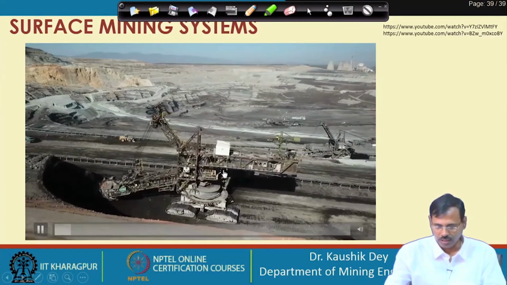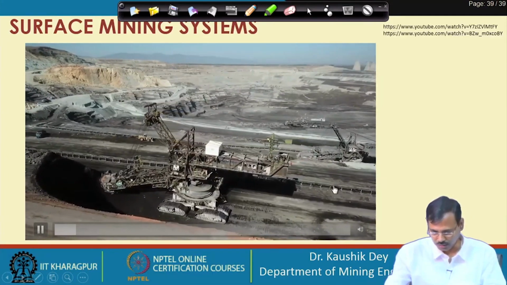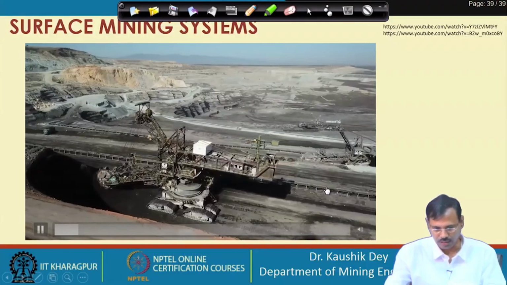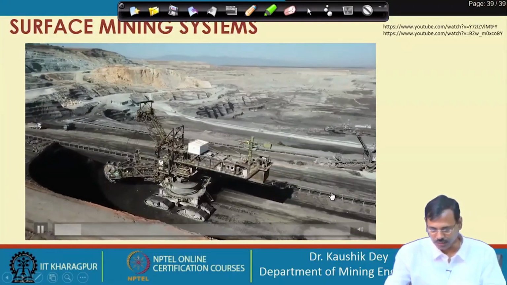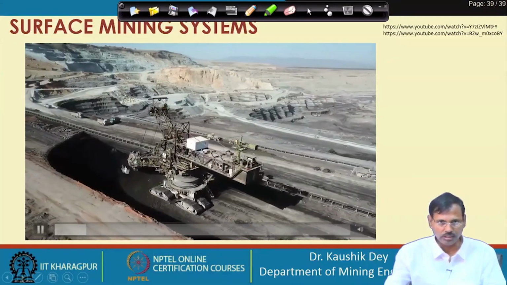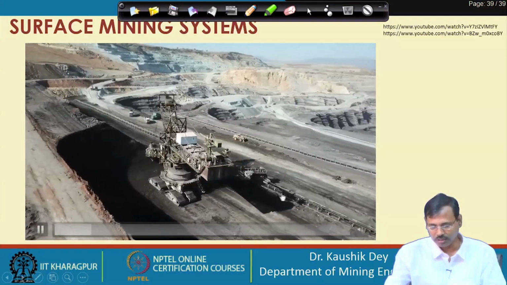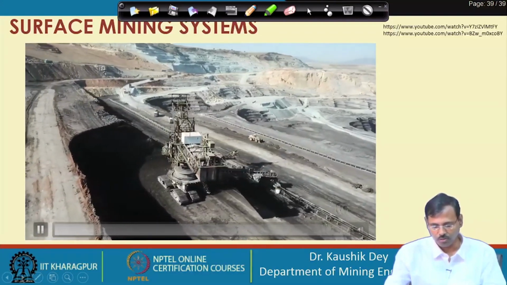From this conveyor the material is dumped to the shiftable conveyor, which is placed here, and the shiftable conveyor is basically taking the material. So, excavation is carried out continuously at this place, the material is taken out and the material is dumped into the conveyor continuously.